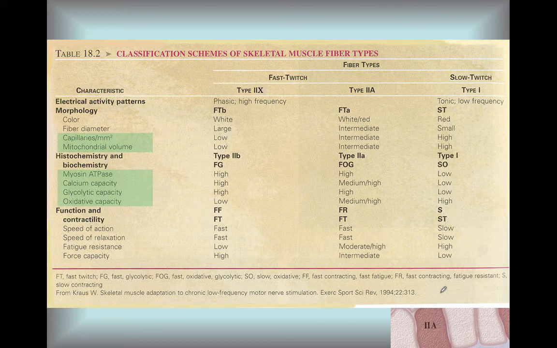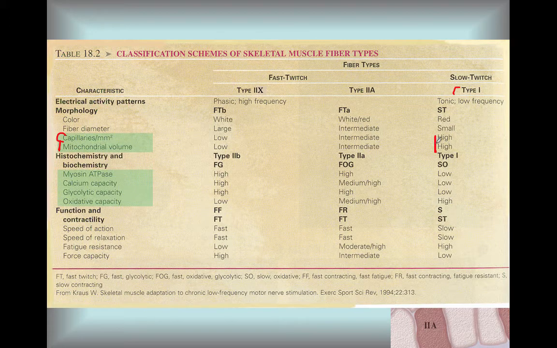This chart contains much of the same information that we just looked at, but it also has a little bit of information about capillary supply to the muscle fibers and the mitochondria that we find there. Not surprisingly, the type 1 fibers are very much aerobic, they're oxidative, and so they're going to get a nice rich supply of blood high in O2.